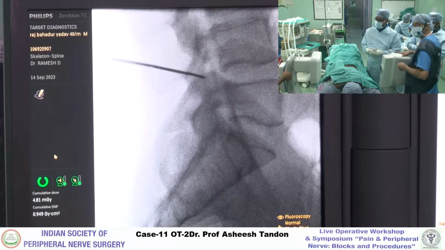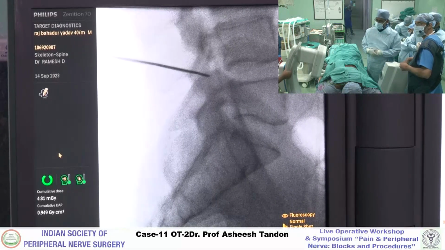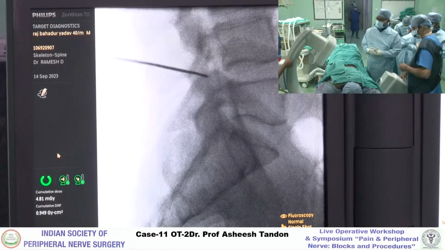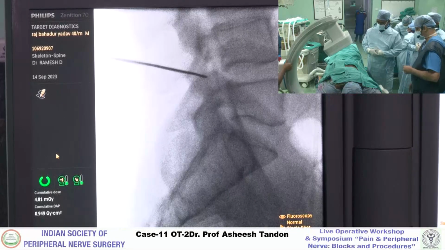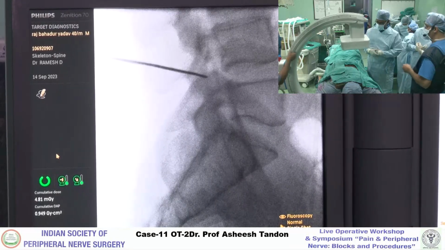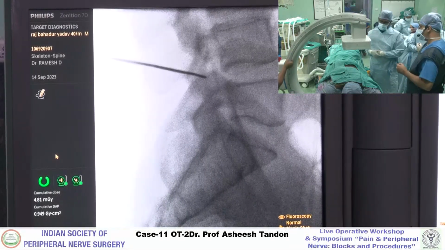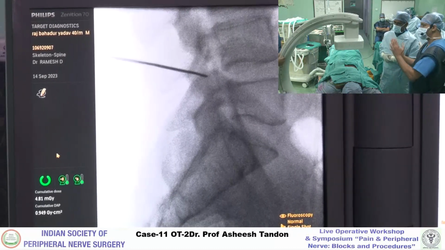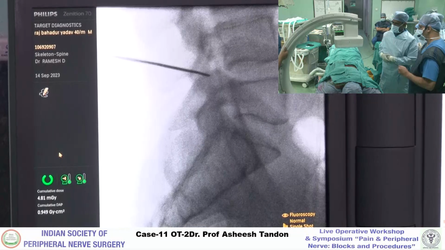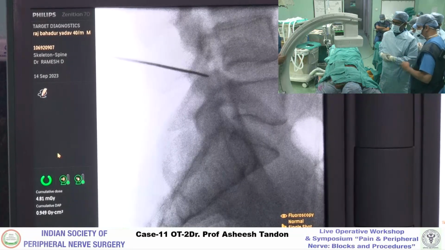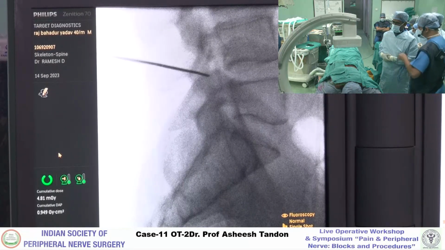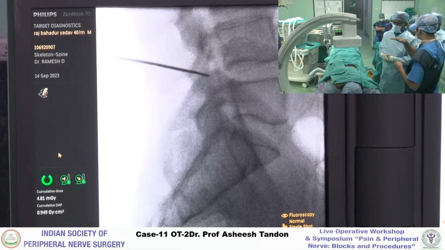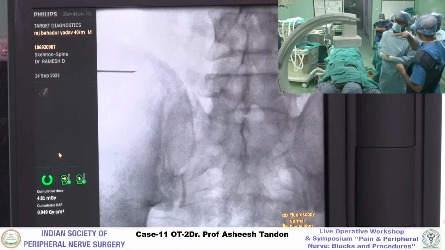But good. So we are again doing AP. Tilt it the same way. Now shoot. Now take it in AP, but it has to go down because you are absolutely parallel, so the needle has to go down.